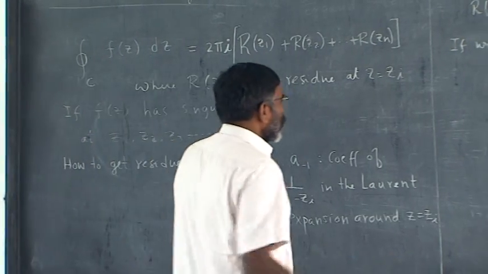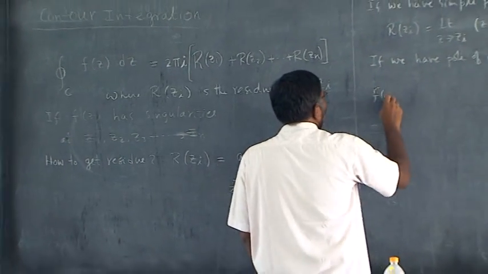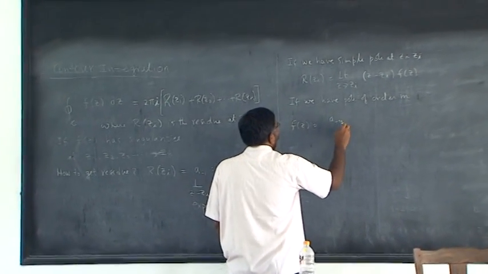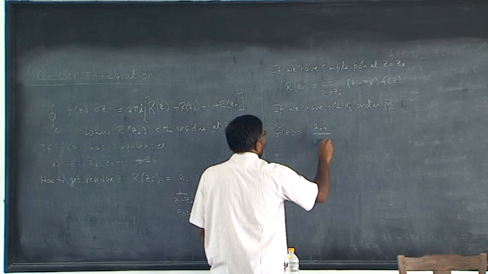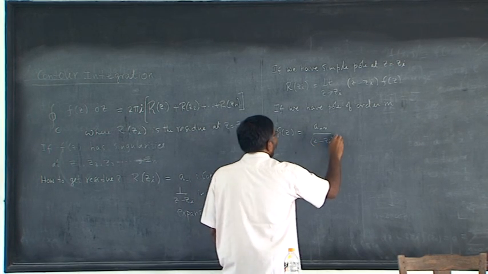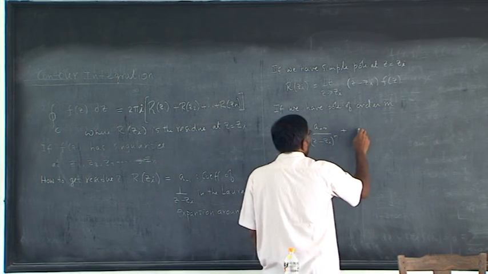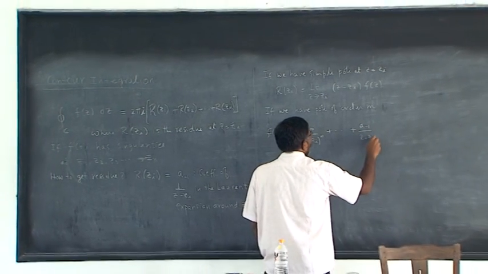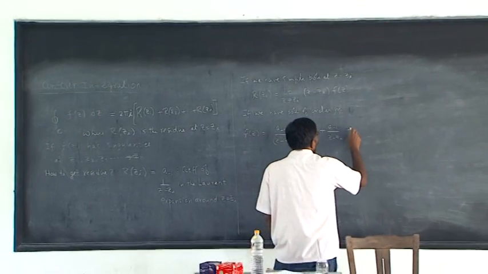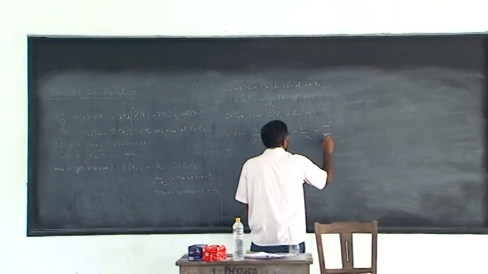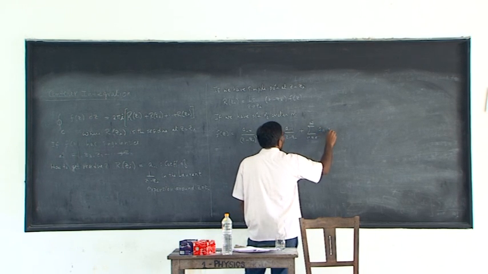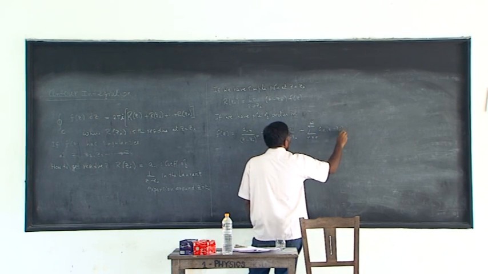In our Laurent series, we have f of z is equal to a minus m by z minus zi to the power m, etc., plus a minus 1 by z minus zi, plus sum over n is equal to 0 to infinity of a n into z minus zi to the power n.